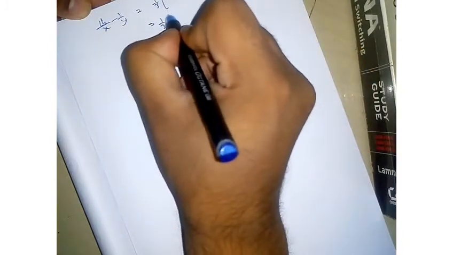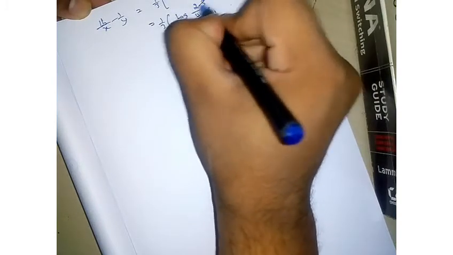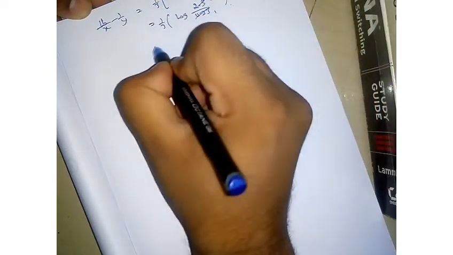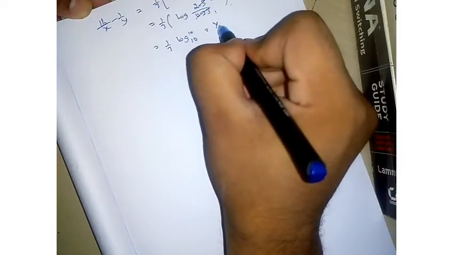This will be equal to 1 by 3 of log (2.3 by 0.23). This one is the tenth. So this will be equal to 1 by 3 log 10 base 10. This will be equal to 1 by 3.